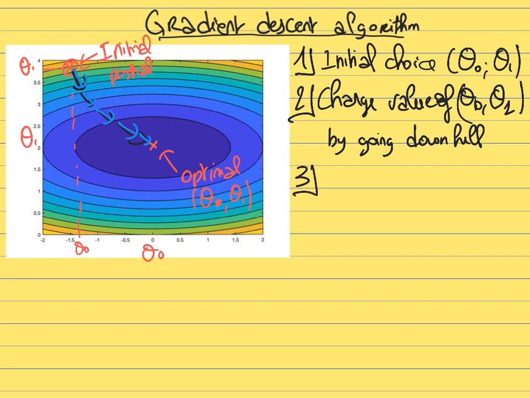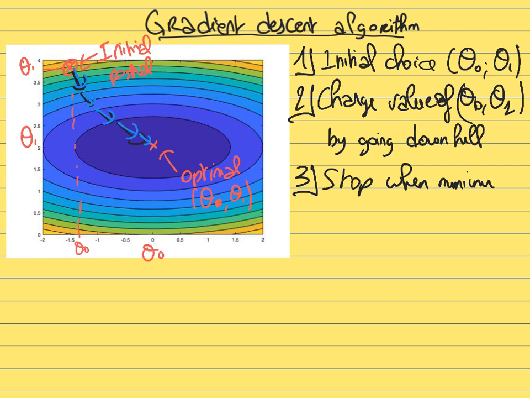You need to decide to stop this algorithm when you have found something that is close to the minimum of the cost function. So you stop this optimization algorithm when the minimum has been found.